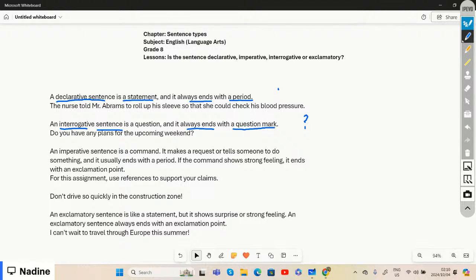And then we have an imperative sentence. An imperative sentence is a command. It basically just makes a request or tells someone to do something, and it usually ends with a period.